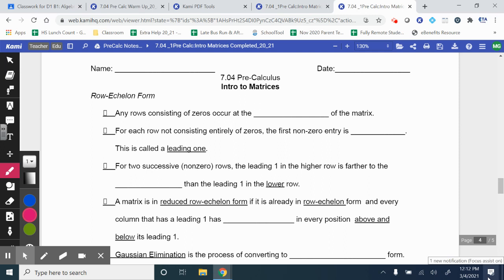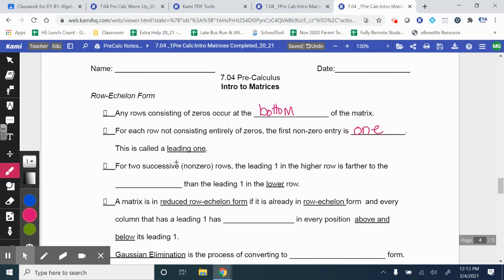All right, now we're going to talk about a lot of vocab here with row echelon form and reduced row echelon form. Row echelon form means any rows consisting of zeros must occur at the bottom of your matrix. For each row not consisting entirely of zeros, the first non-zero entry is going to be 1.